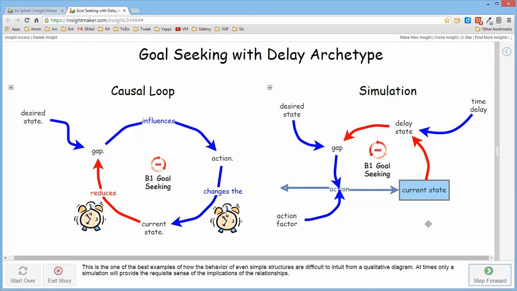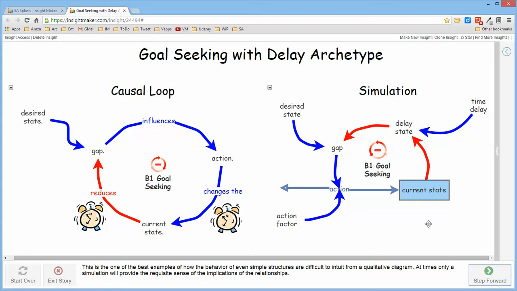It provides a sense, I think, of why simulations are so critical to get a real sense of the implications of a set of relations which are unfolding dynamically over time, especially if there are delays in the structure. I mean, imagine half a dozen different reinforcing and goal-seeking loops interacting simultaneously with multiple delays in the structure.